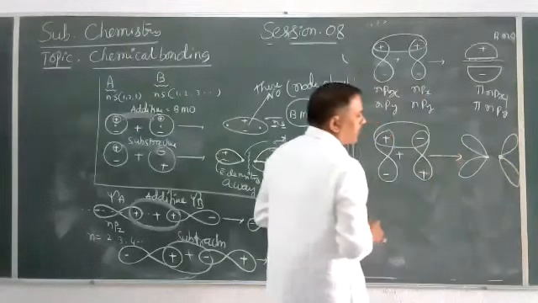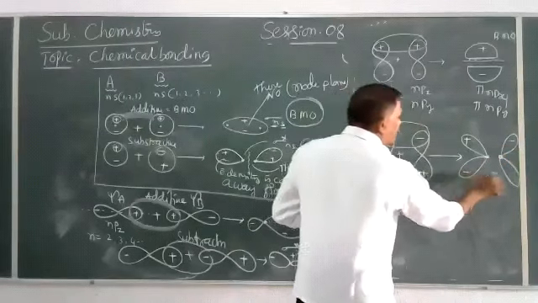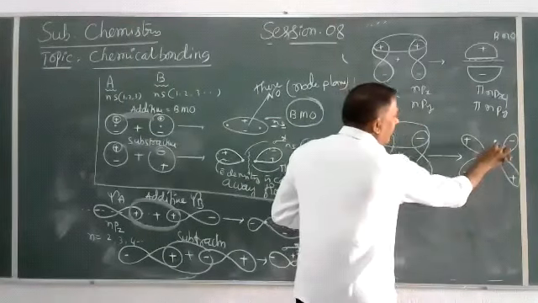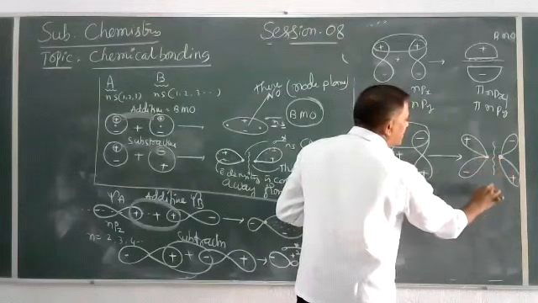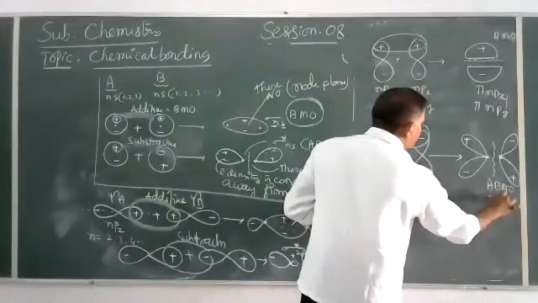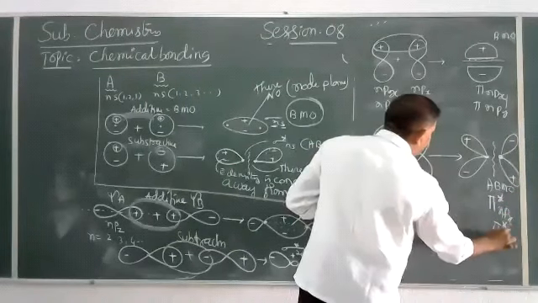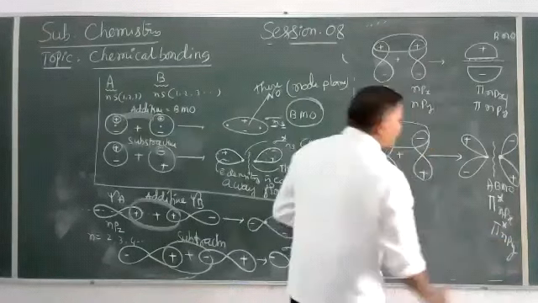Now it is plus and minus, it is minus and it is plus. There is no bond between these. That is called an antibonding molecular orbital, denoted by pi star npx or pi star npy.